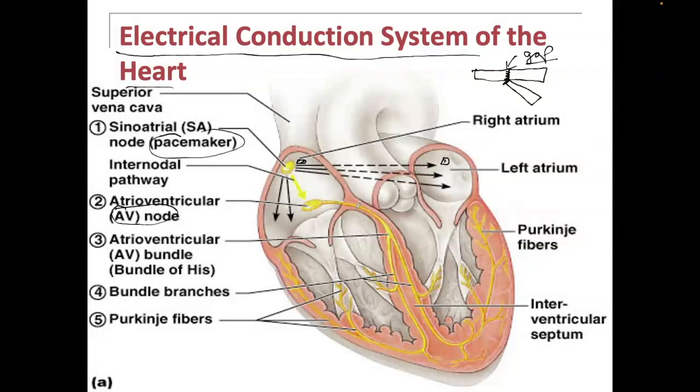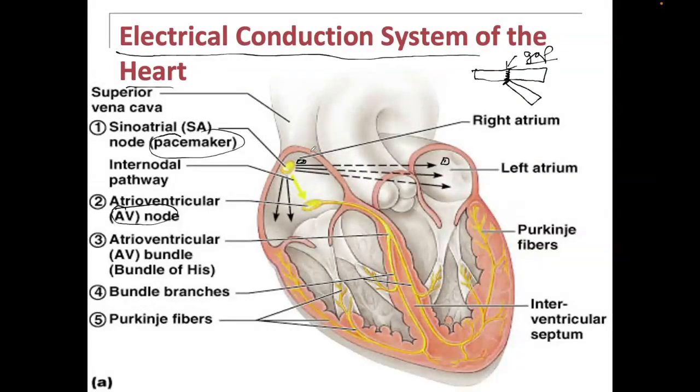This atrioventricular node is going to send the electrical current into this interventricular septum. Notice that this muscular wall is nice and thick, and it's hiding the electrical wiring of the heart. Now, it does so for a reason.